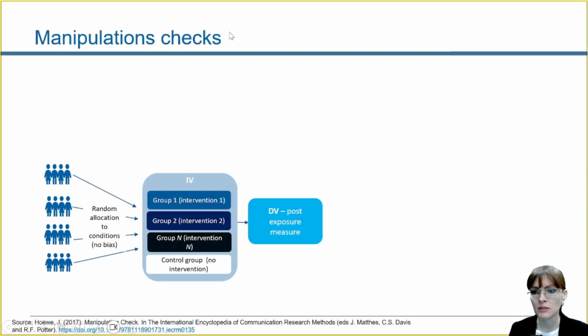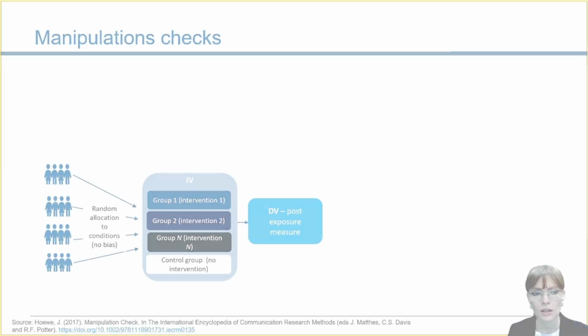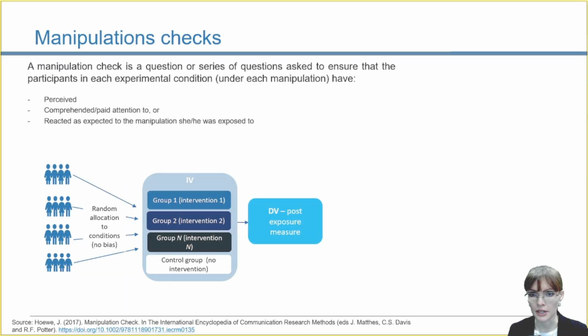When I'm discussing manipulation checks, I'm drawing on the work done by Hauser, published in 2017 in the International Encyclopedia of Communication Research Methods. What is a manipulation check? It is a question or a series of questions which you ask your participants to complete during your experiment.